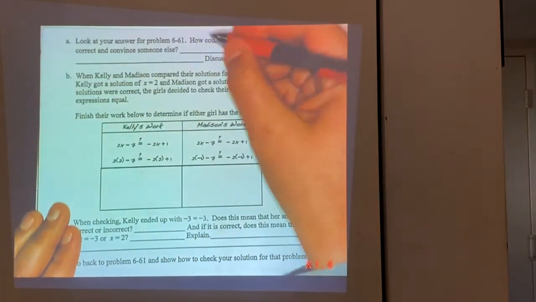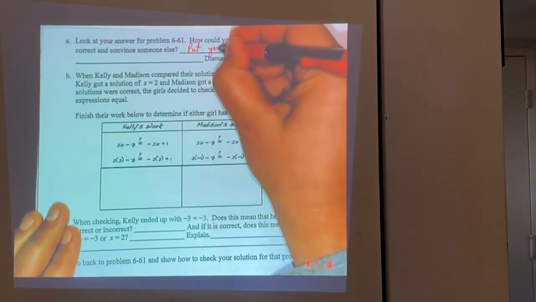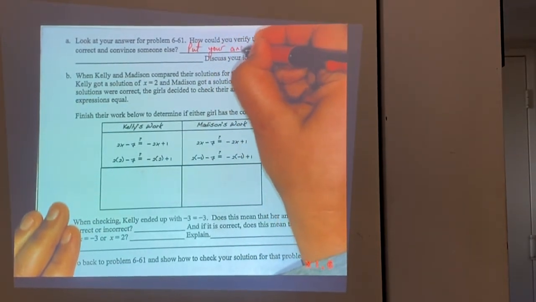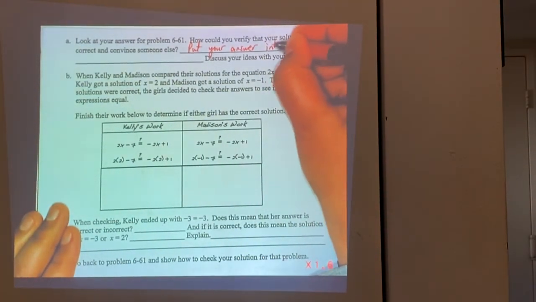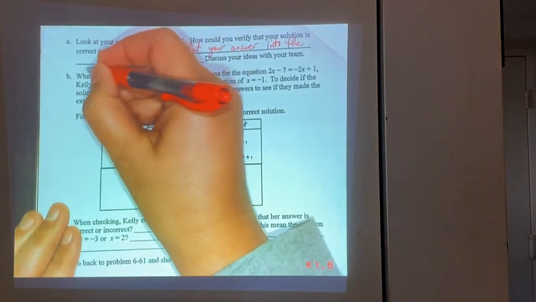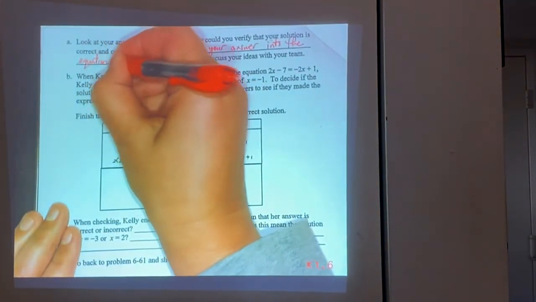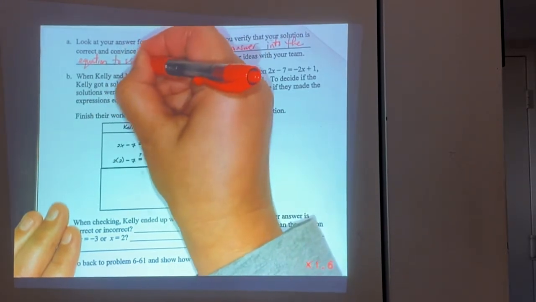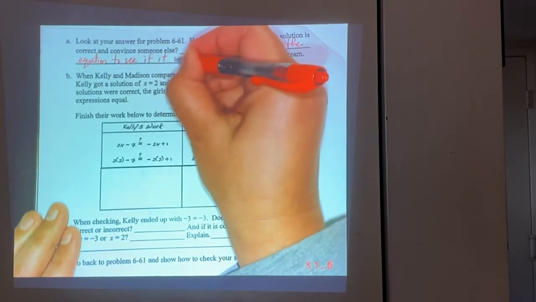Put your answer into the equation to see if it works.